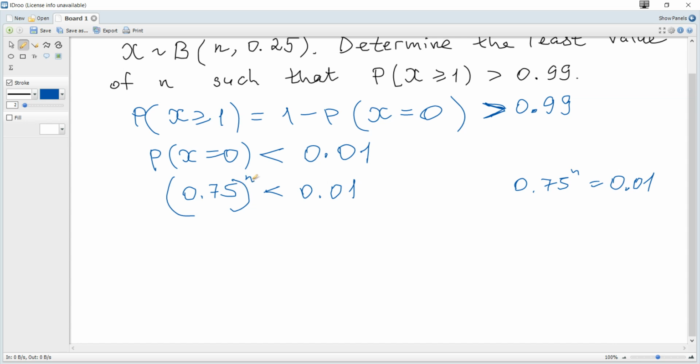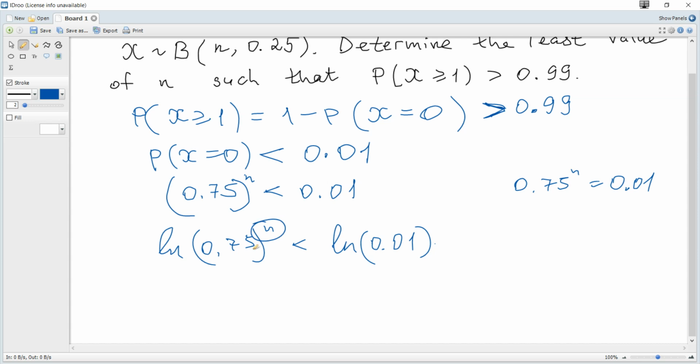Since it's an exponential inequality, to remove the exponent as unknown, we should apply a logarithm to any base, for example ln, on both sides. So we write ln of 0.75 to the power n is less than ln of 0.01.